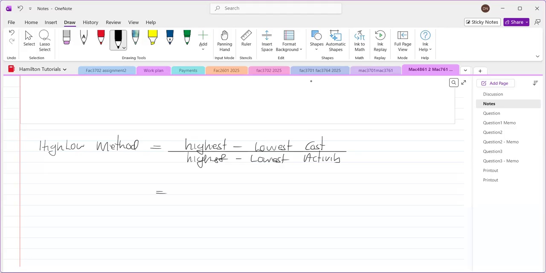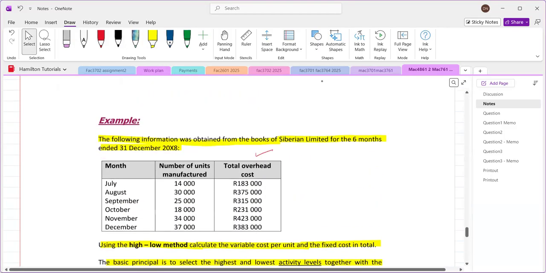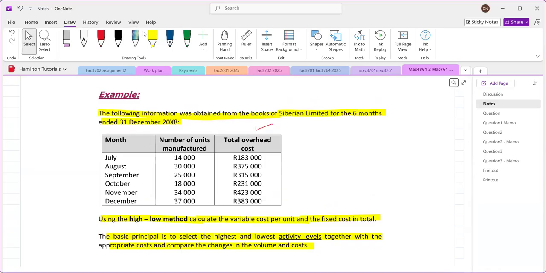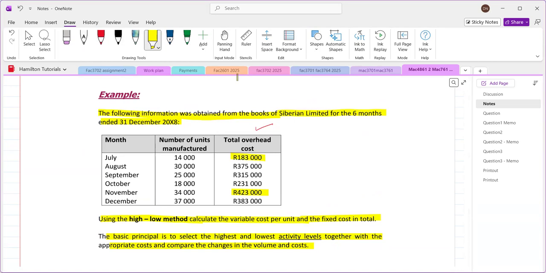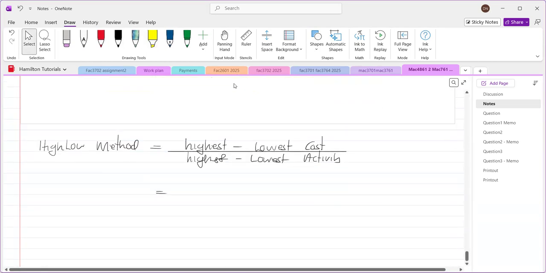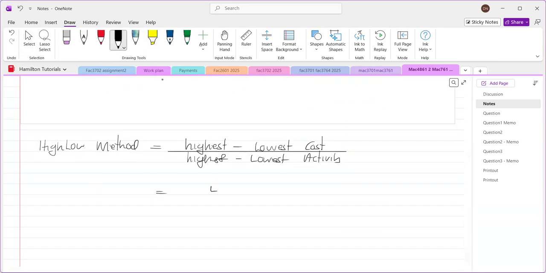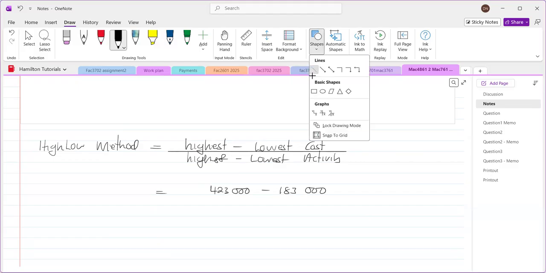So we simply go to our table, then we determine the highest cost that we have here. The highest cost is 423. Then we also determine the lowest cost, which happens to be 183. So therefore we say 423 minus 183, divided by.